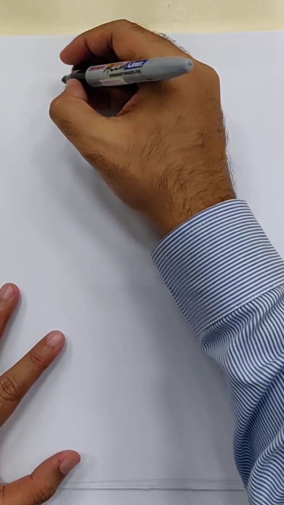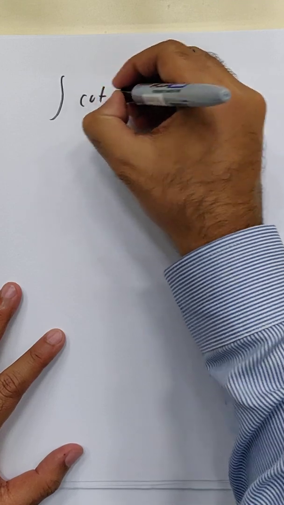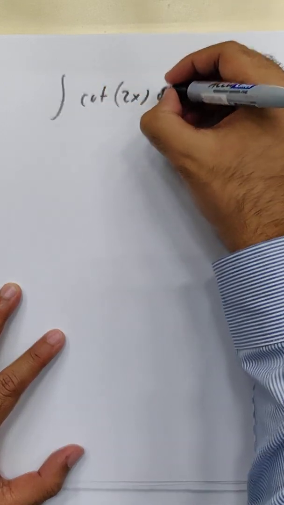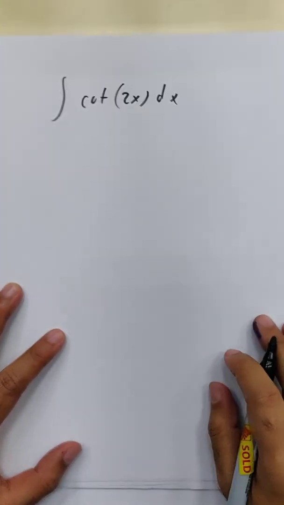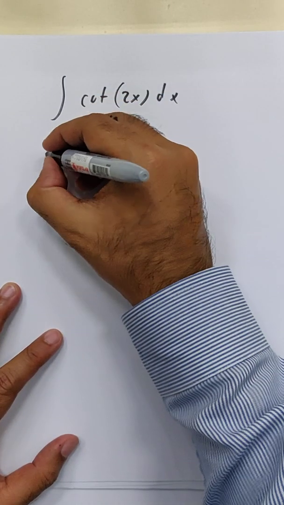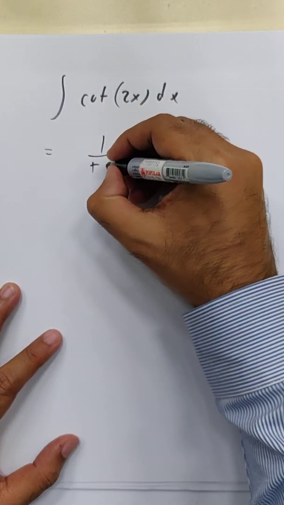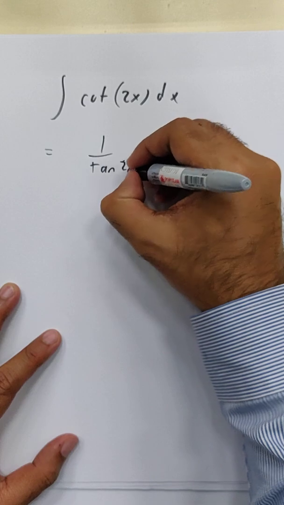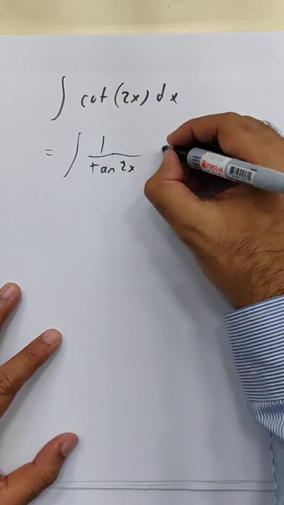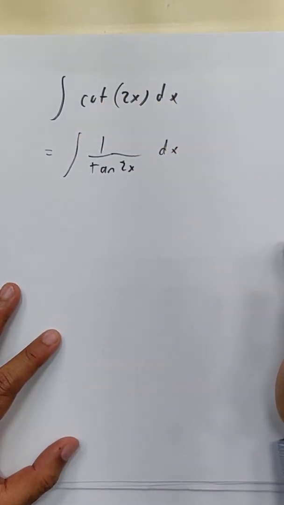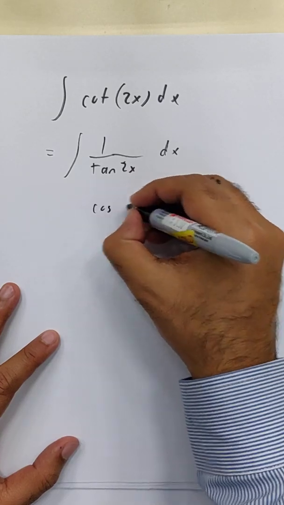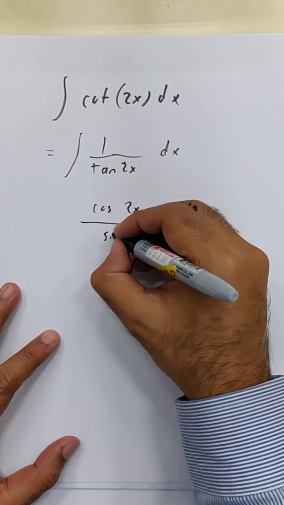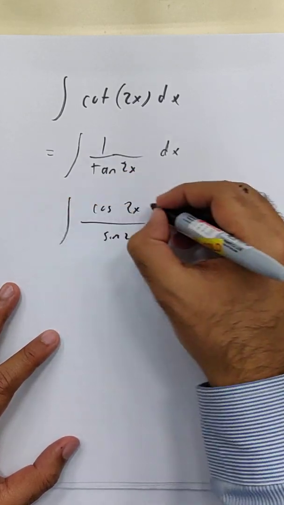And the final question is written here. Cot x is 1 over tan, you can say that, and then cos 2x over sin 2x.